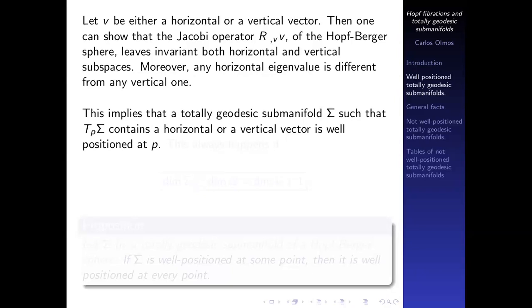The main feature: suppose in the classical Berger sphere I have a totally geodesic submanifold of dimension at least 2.